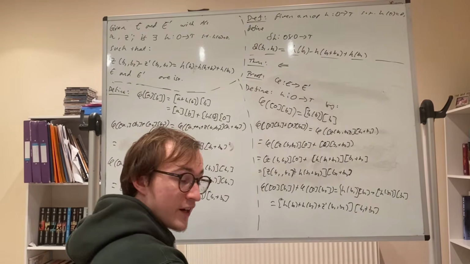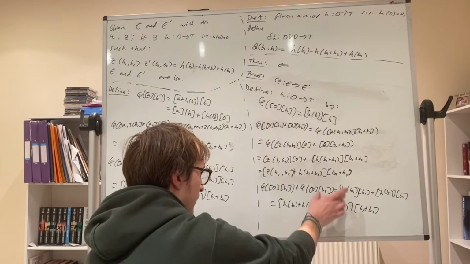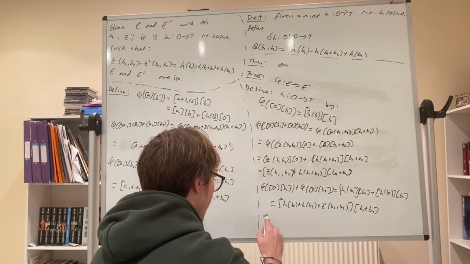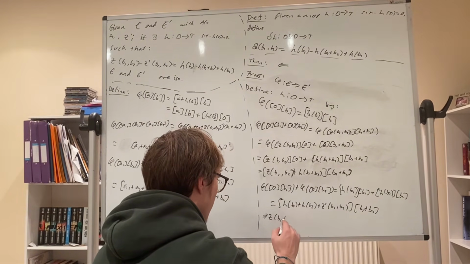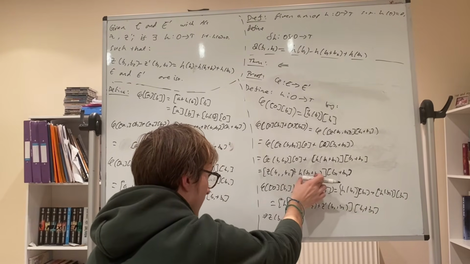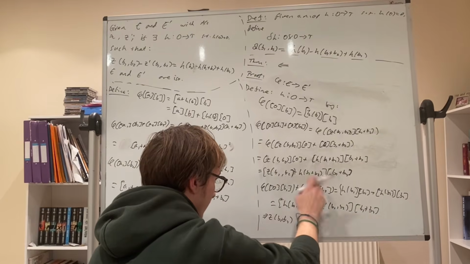And because phi is an isomorphism by assumption, these two have to be equal. So in other words, we must have z of b1, b2 plus this is equal to this. So let's move this to that side, move that to that side.